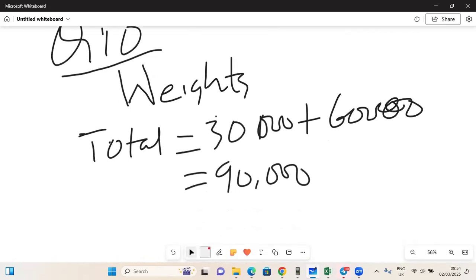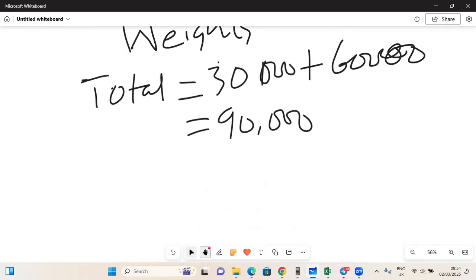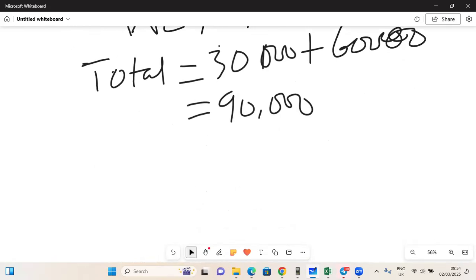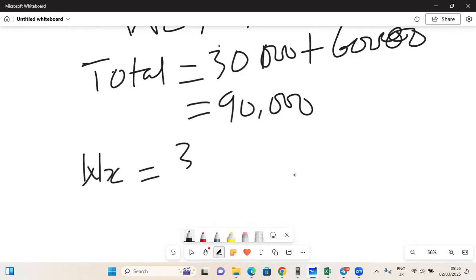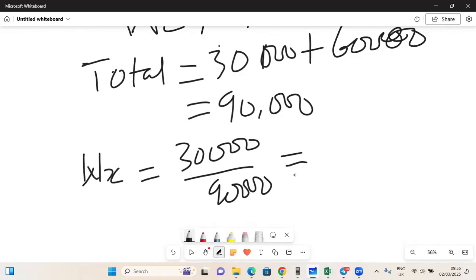If we want to find the weight of X, we take the amount we invested in X over the total. So the weight of X, WX, is equal to 30,000 over 90,000, and we are going to get 0.33.